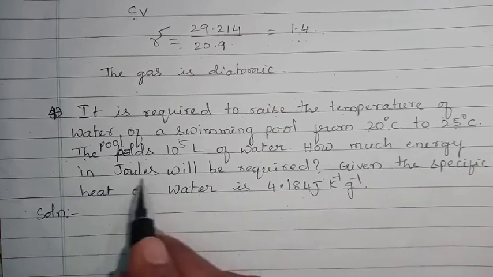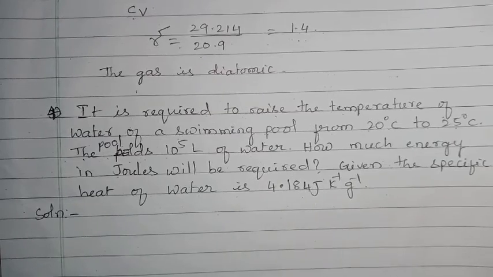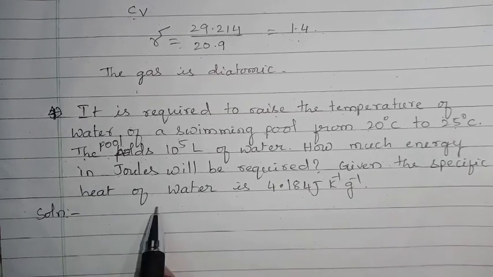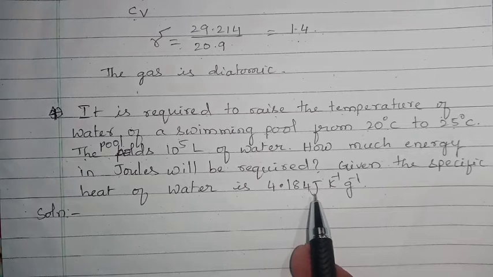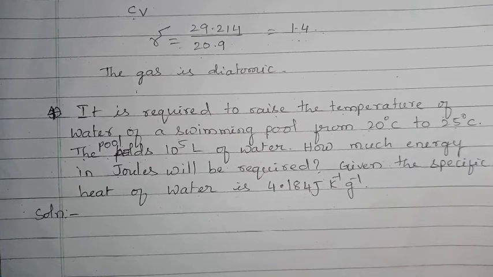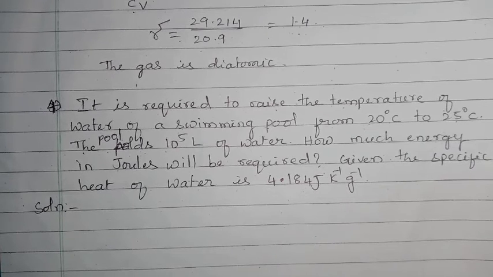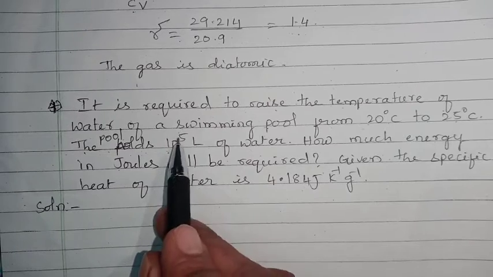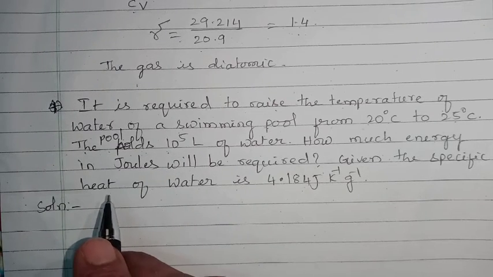How much energy in joules will be required, given the specific heat of water is 4.184 joules per Kelvin per gram? Understood? Here we have a swimming pool and it holds 10 to the power of 5 liters of water.